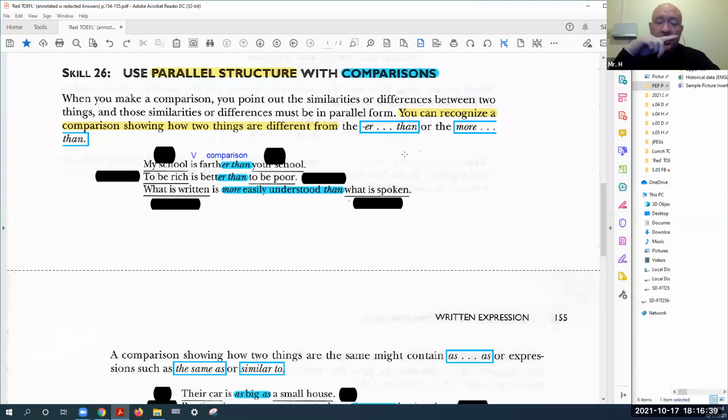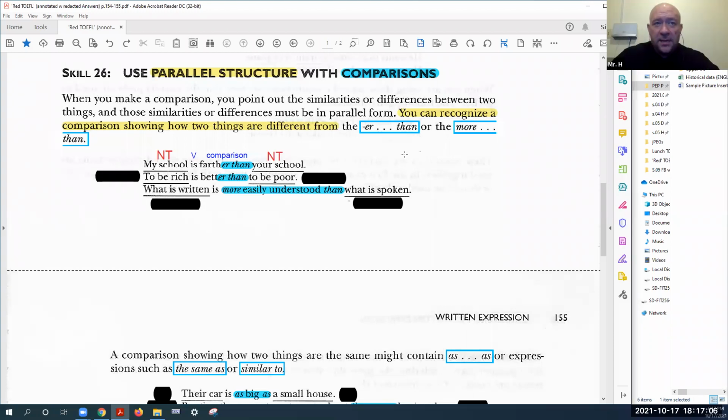Now, what do you see on the left? Subject. Yeah, but what is the part of speech? My school. School. It's a noun, a thing. Yes. And on the right, another noun thing. Okay. All right.